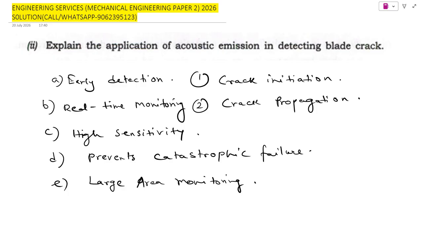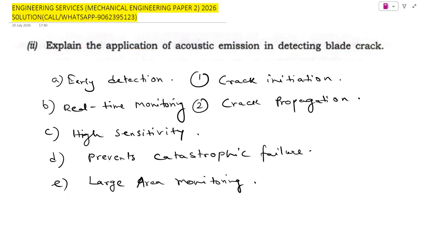Acoustic emission is a passive non-destructive testing technique used to detect crack initiation and propagation in turbine and compressor blades. During service, fatigue loading causes cracks to develop, and the crack growth releases elastic energy in the form of high frequency stress waves.